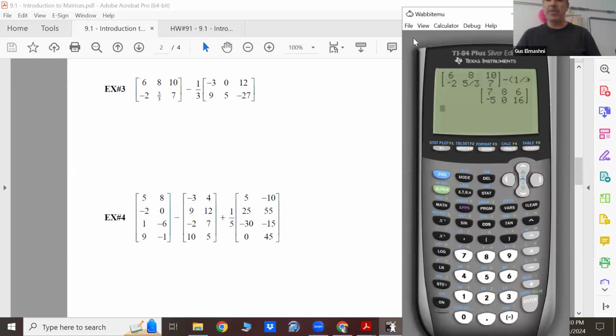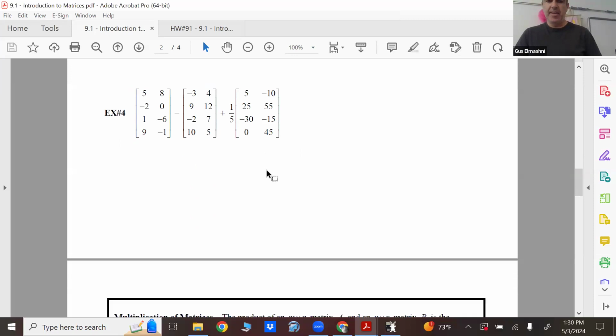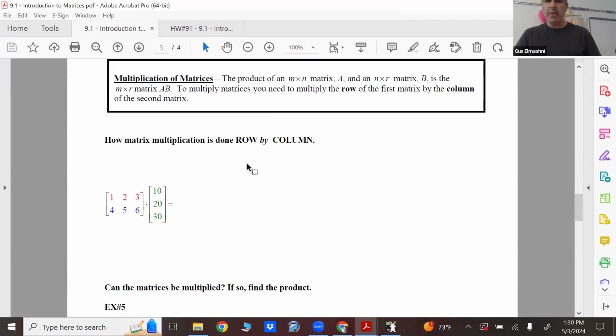And we'll do multiplication. The multiplication by hand, it's a little weird, so just bear with me. In order to multiply matrices, you actually have to have this and this line.